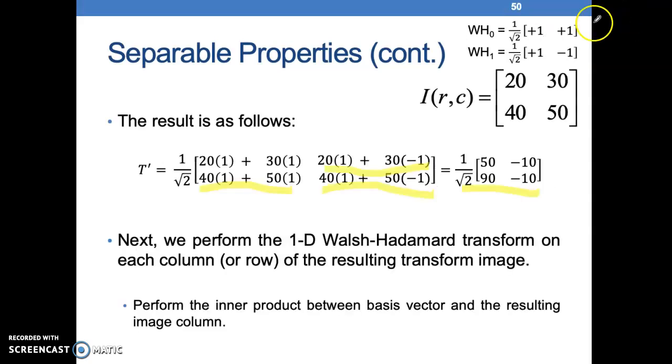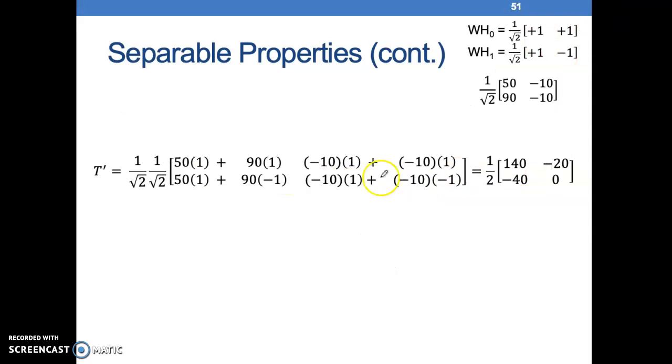So this is the output. Then the output already has the square root of 2 factor and the basis has the square root of 2 factor, so you have to multiply both.